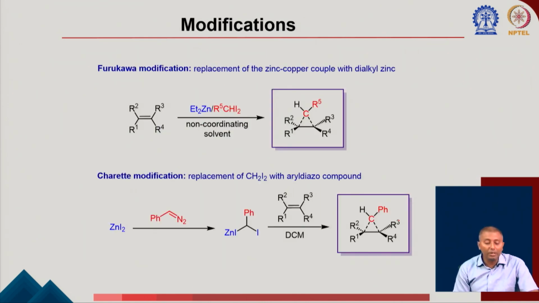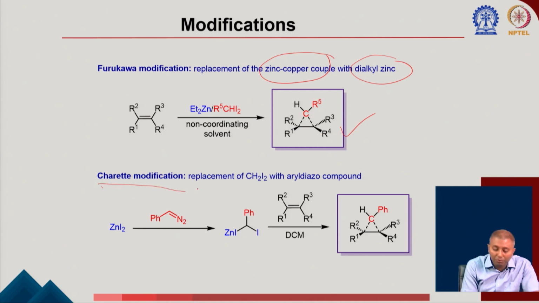There is a modification by Furukawa's group. They replaced the zinc-copper couple with dialkyl zinc. Using diethyl zinc, it is also possible to convert the olefin to the cyclopropane. There is another modification by Charette's group. They found that instead of CH2I2 they can use an aryl diazo compound.